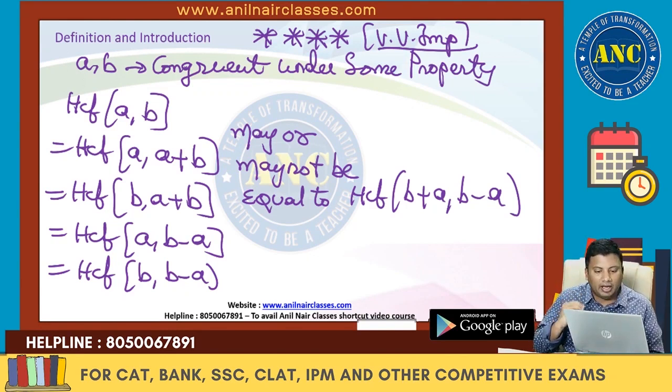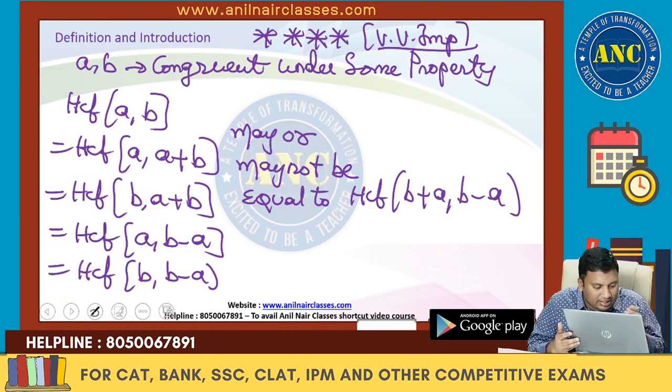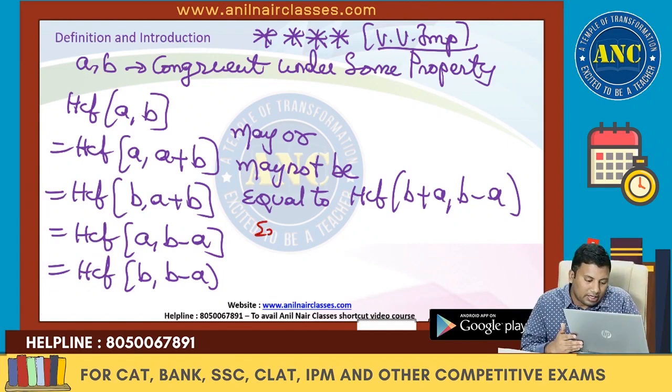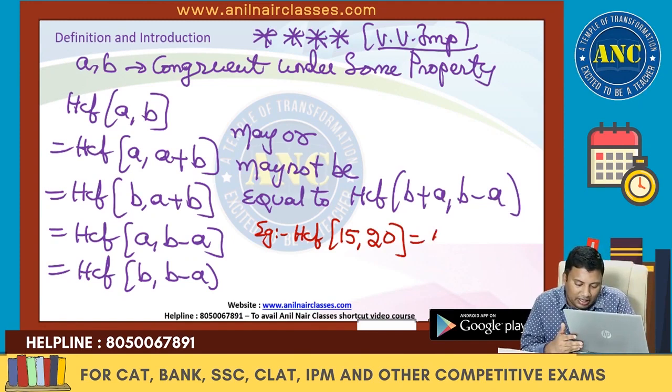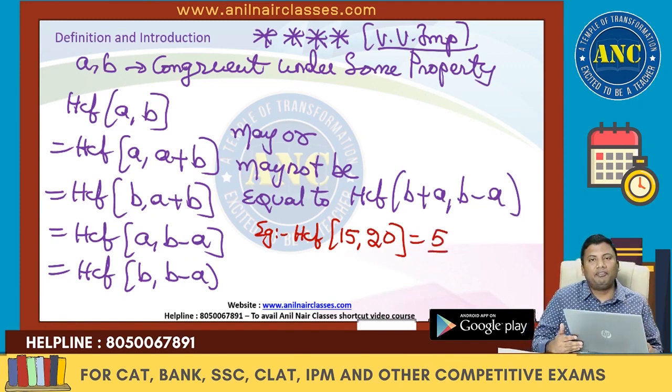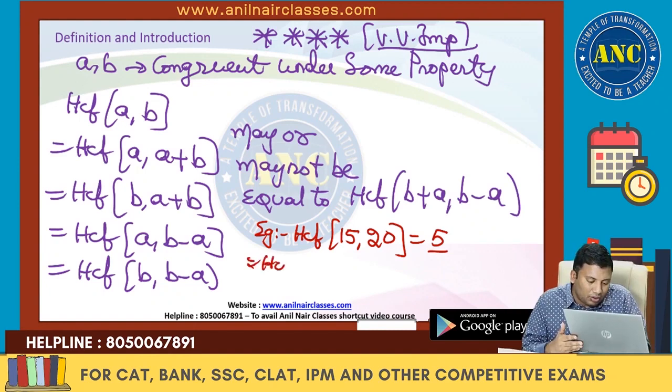If A and B are congruent under some property, let us take an example. HCF of 15 comma 20. 15 and 20 HCF is 5. It is also equivalent to HCF of 15 comma 15 plus 20, which is 35.